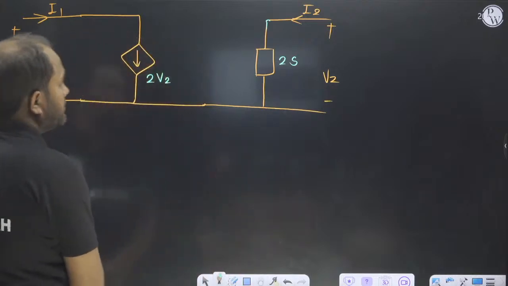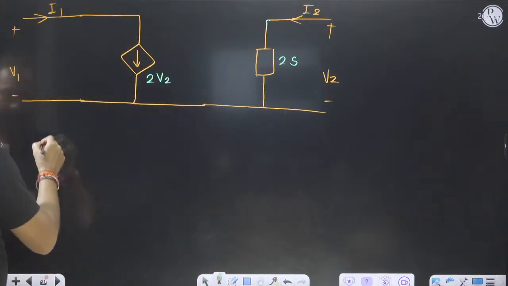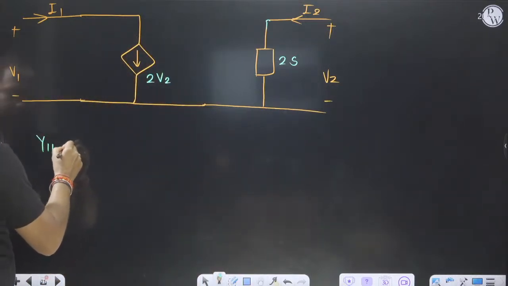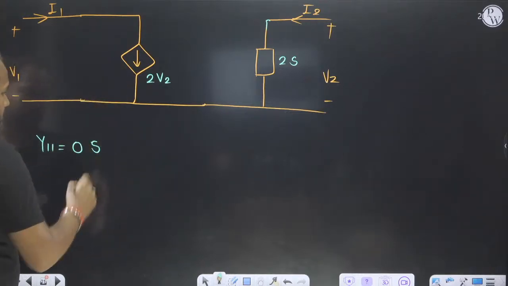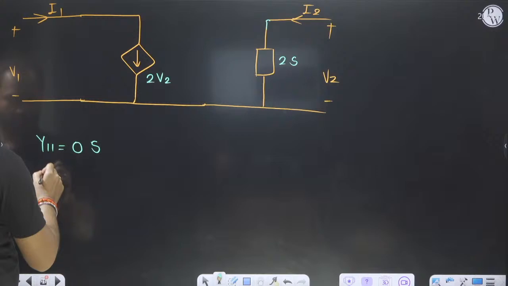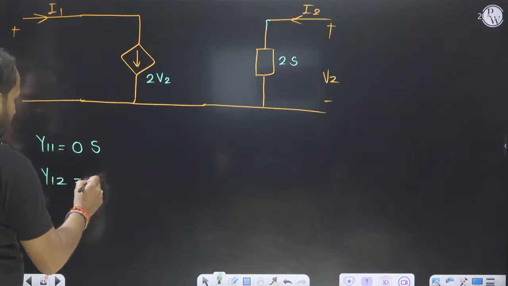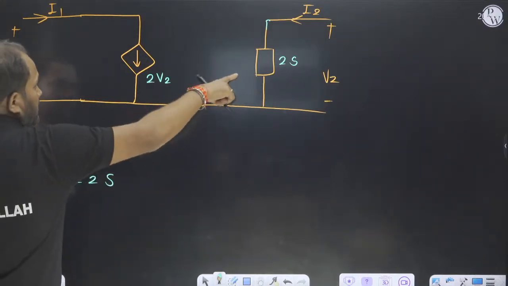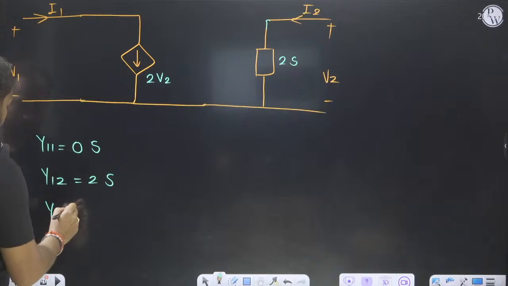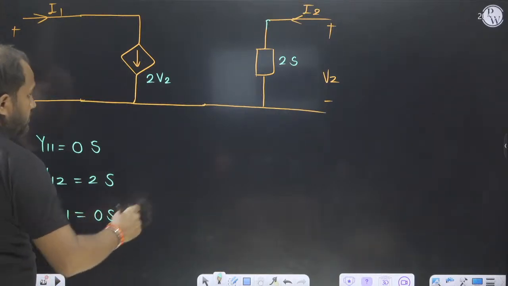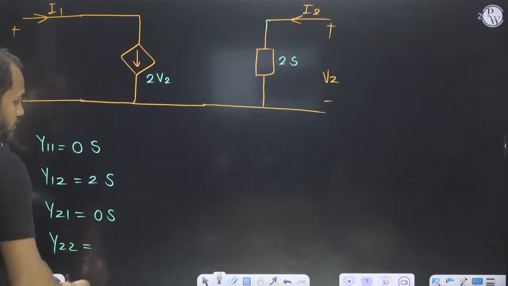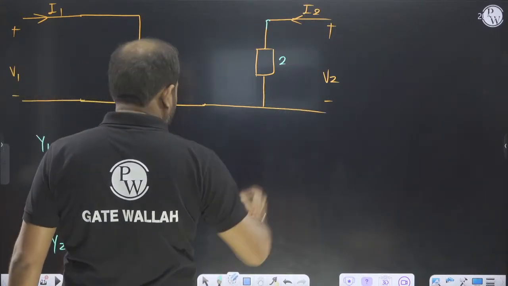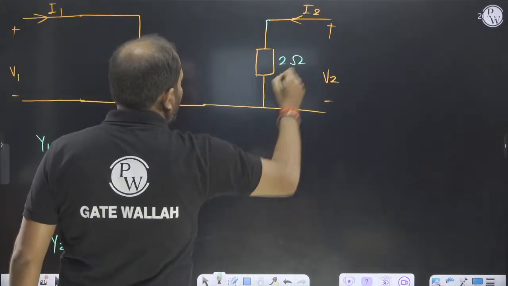Yes sir. So what is the answer? You will understand: Y11 is 0 siemens. Here Y12 is equal to 2 siemens. Here no current source, Y21 is equal to 0 siemens. And here Y22 is 2 ohm.